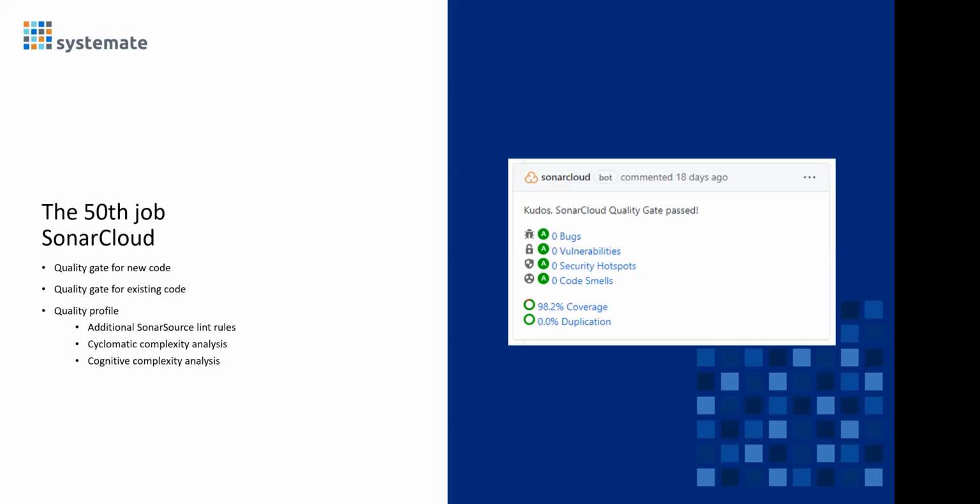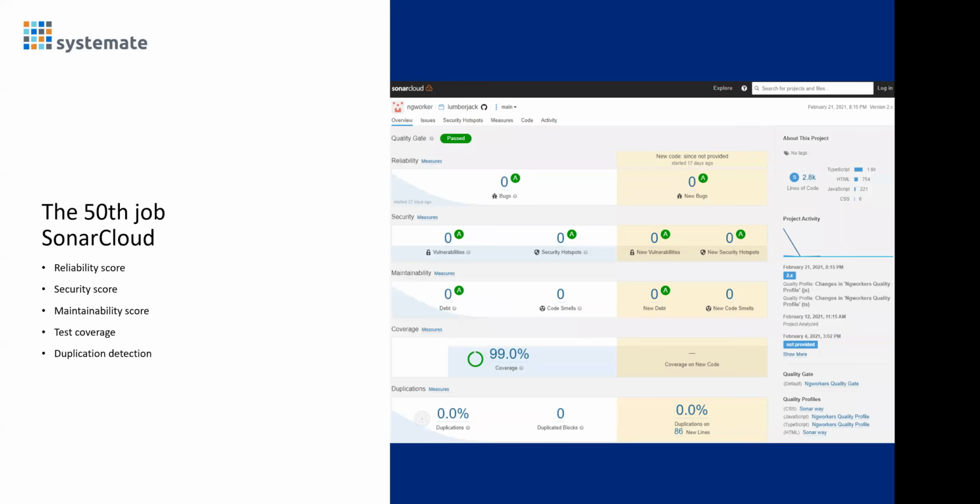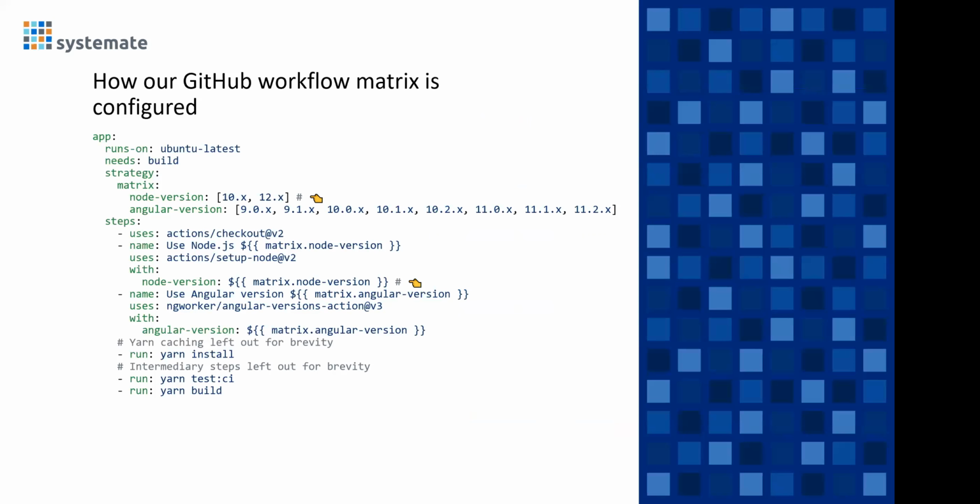I don't remember if we have 0 or the default is 3% duplication allowed, but we have managed to keep it at 0%, and we're at 99% test coverage overall, and 0 bugs and so on detected by Sonar Cloud. So that's a pretty nice tool to also keep our code quality and have metrics on it over time. So that was our CI job.